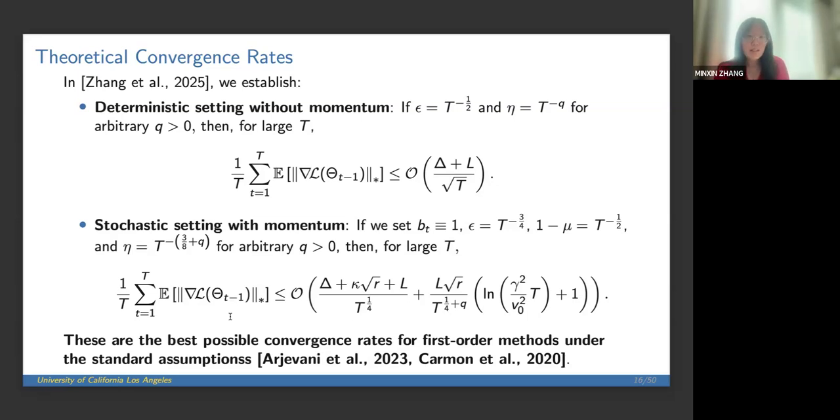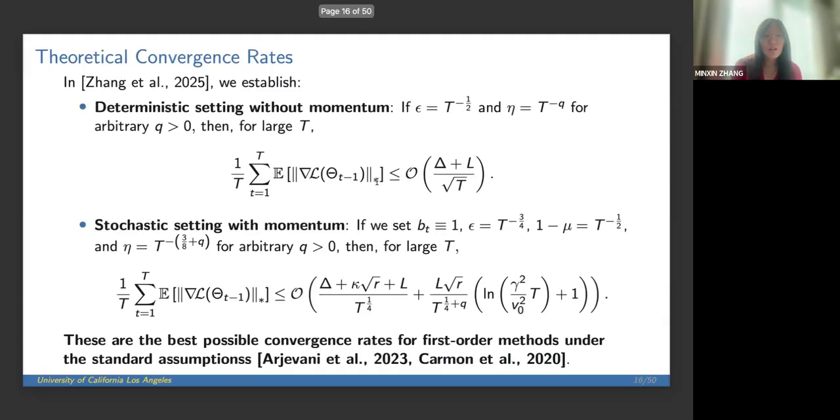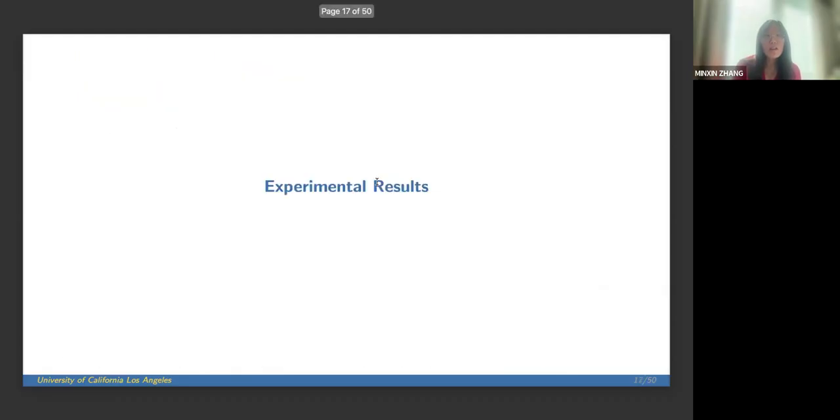As I said, these are optimal convergence rates, which means that, based on theoretical results from these two papers, they are the best possible convergence rates we can obtain for first-order methods under the standard assumptions that I showed you earlier. And that's how the algorithm works theoretically.